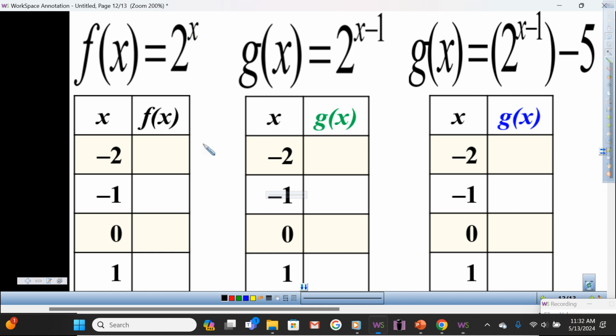I'm going to write 2, and instead of x for the exponent, what is my first value for the exponent? -2, right? Can we have negative exponents? No, tell your neighbor how to rewrite this. 1 over what? 2 to the positive 2 exponent.